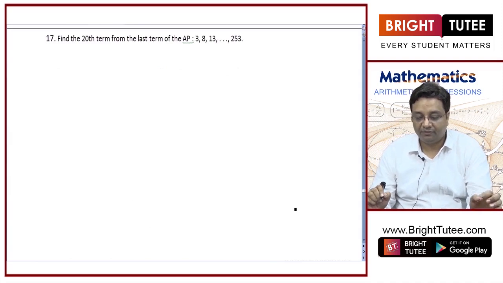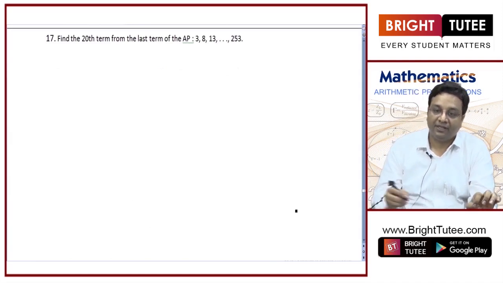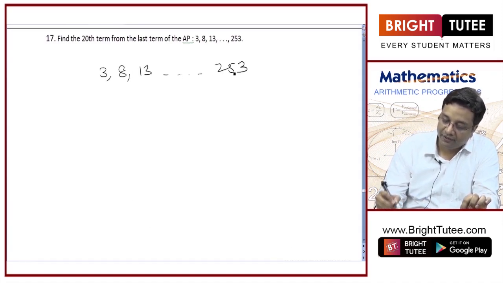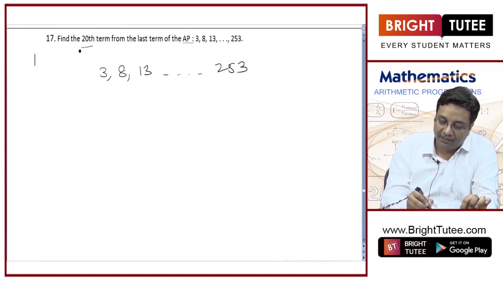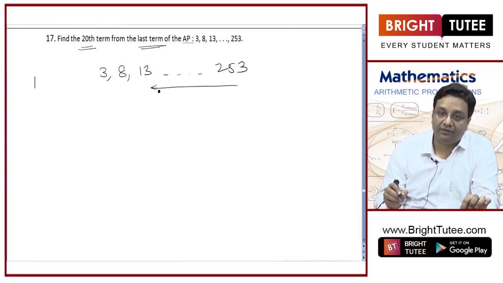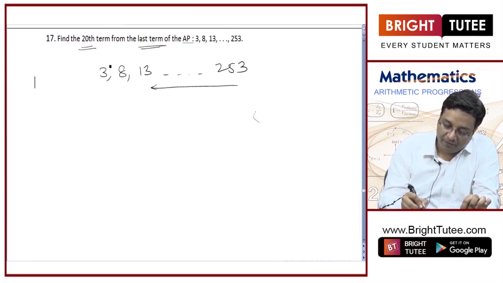Find the 20th term from the last term of the AP, right? We discussed this kind of scenario in the introduction part. I need to find the 20th term from the last term. So I need to find it going right to left. What will be the 20th term? What is the common difference? If I add 5 here, I'll get 8, right?